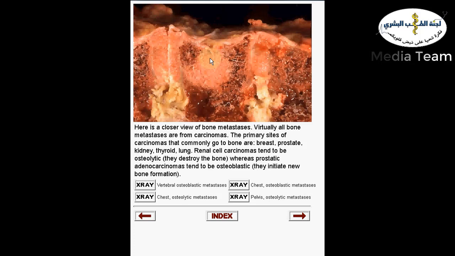Sometimes, rarely, they induce reactive bone formation, inducing osteoblasts to produce more bone trabeculae, and we call them osteoblastic tumors. The most famous tumor for being osteoblastic is what?